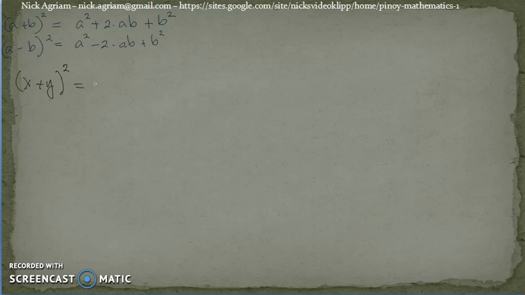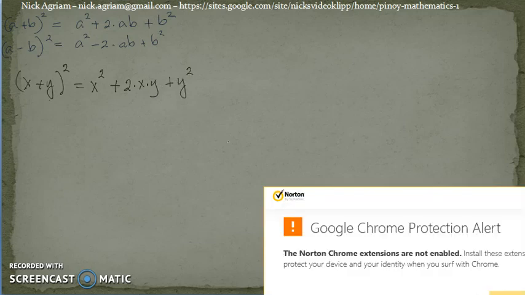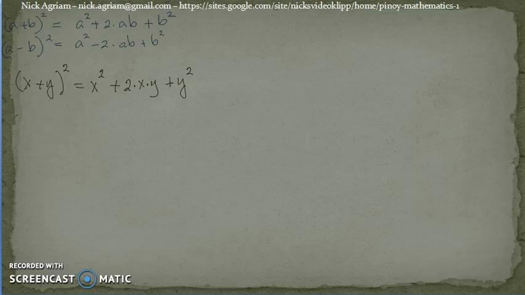And then we have the first term, square of that, and then we have 2 multiplied by the first term and the last term, and then the last term square. That means we have x squared plus 2xy plus y squared.